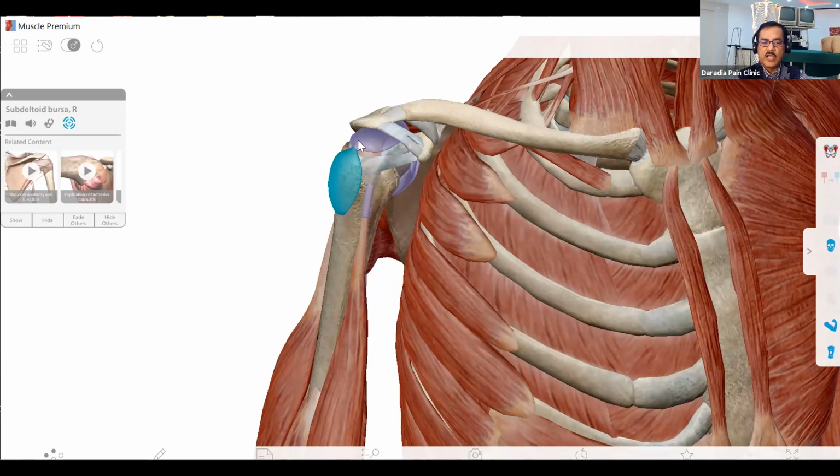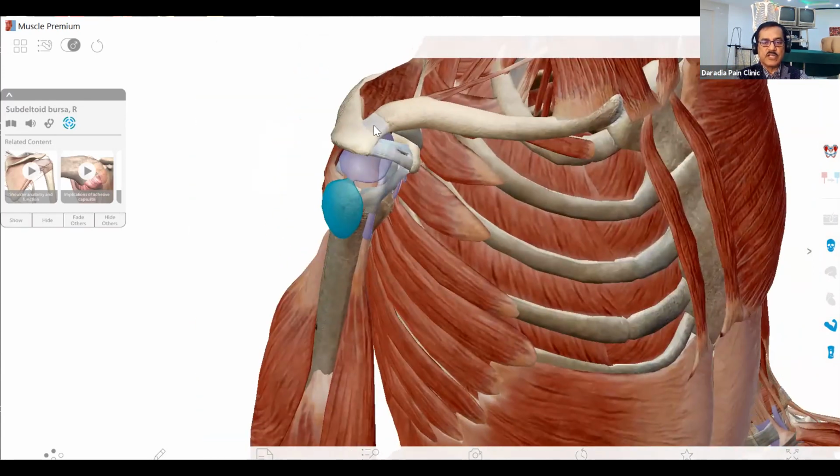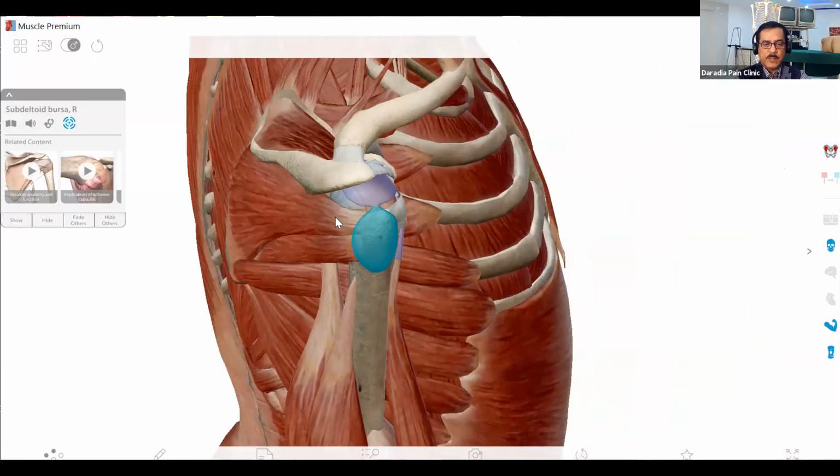This is called subdeltoid. But many times we together call it the subdeltoid subacromial bursa because this is basically continuous. And there was another bursa in the superficial, I have removed that at the beginning. That is your subcutaneous bursa over the acromion. So these are the few bursas, but again below the infraspinatus also there is a small bursa.